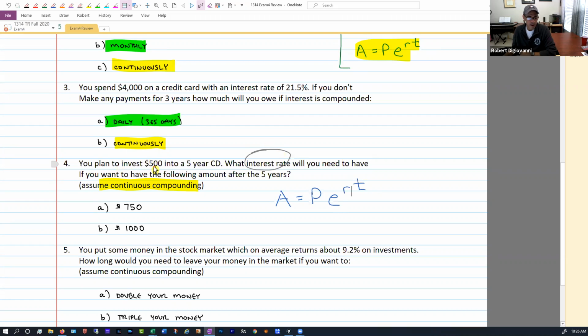I'm telling you you're putting $500 in, so you know that P is 500. I'm telling you it's going for 5 years, so you know that T is 5. And I want to know what the interest rate needs to be. So what we're trying to figure out is this, right? What is the interest rate? What would R be if you know here that P was 500, T was 5, and then what's A? What's A going to be?